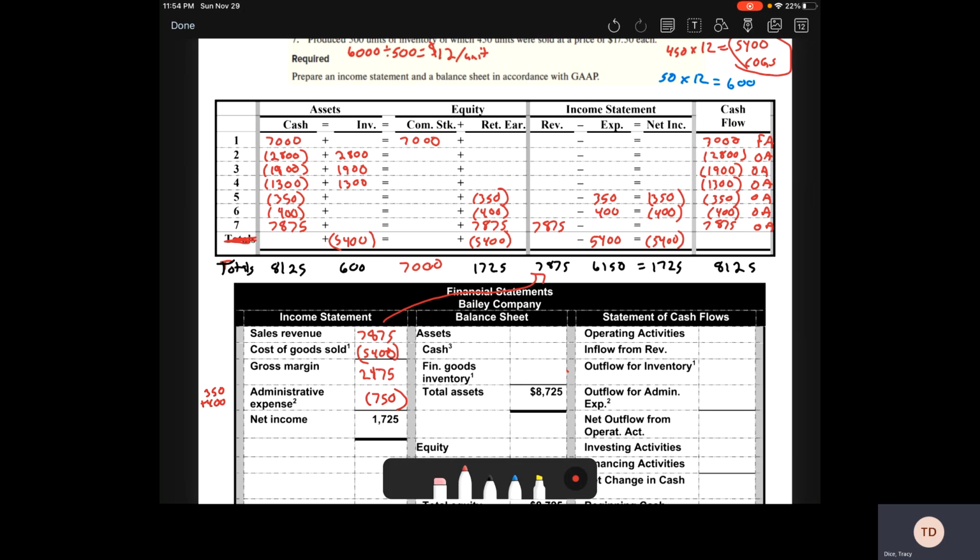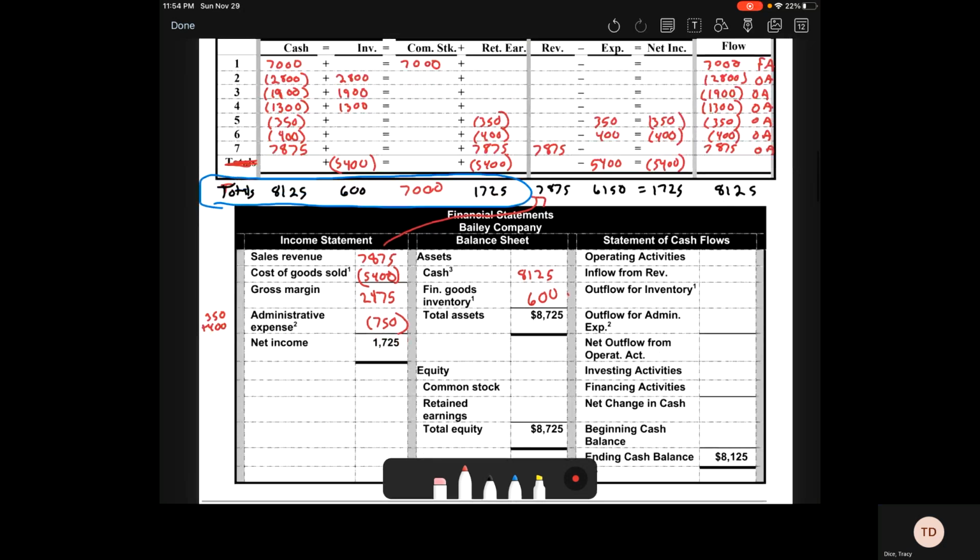My assets, you're just taking them straight from the balance sheet right up here. So total assets for cash, we get $81.25. Inventory, we get $600. Gives me that total of $87.25. Common stock, we get $7,000.